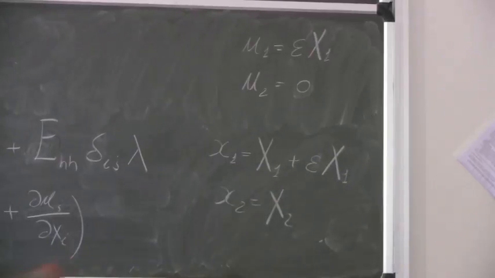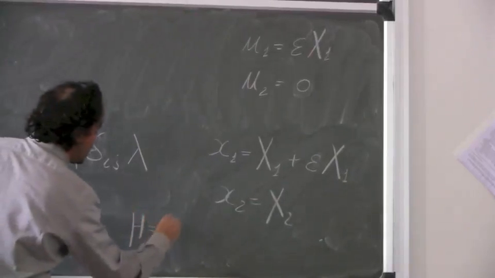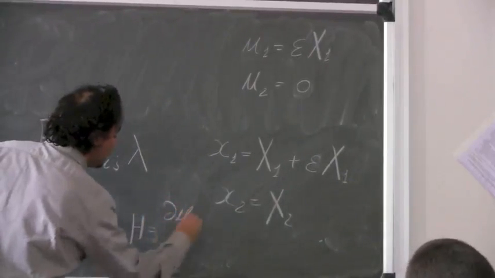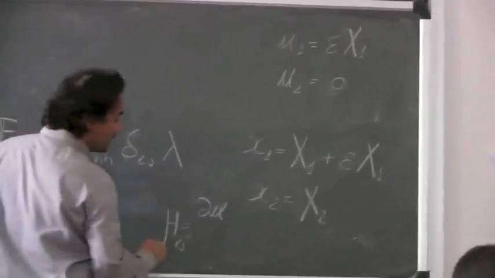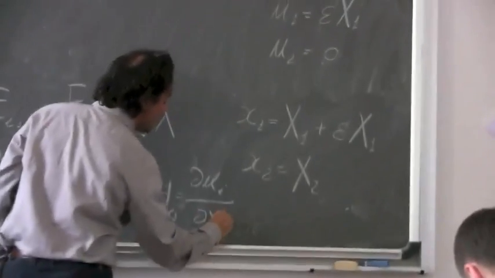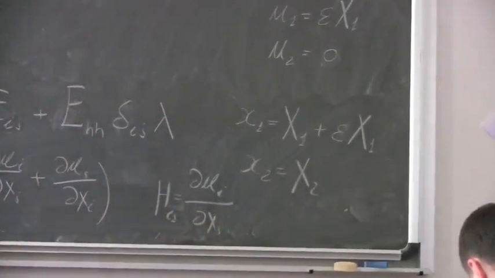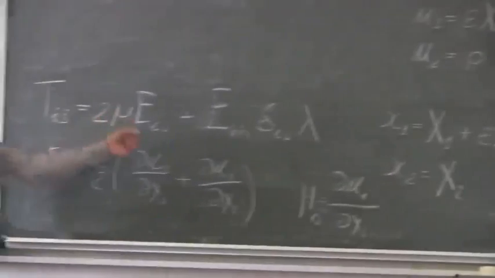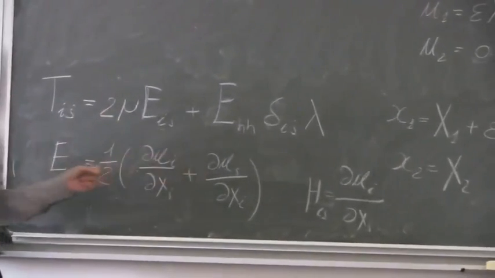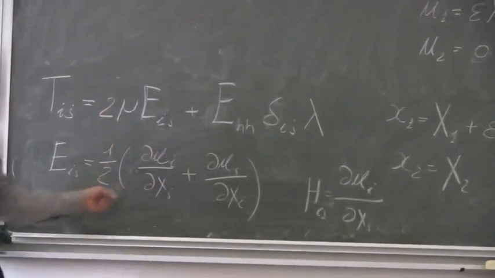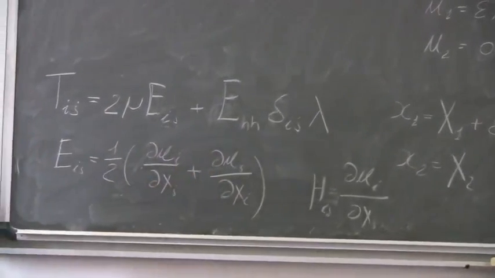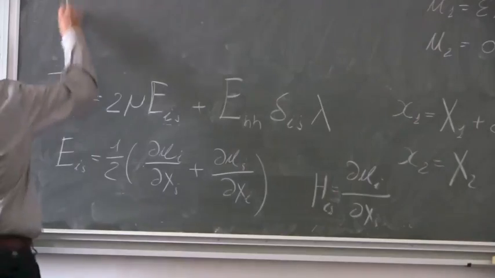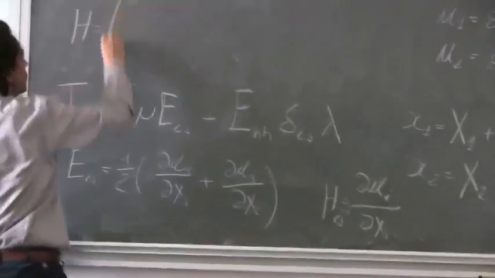If you define H, a matrix with components H_ij as the derivative of u_i with respect to x_j, you see that E is nothing else than the symmetric part of H, because E is equal to 1/2 (H plus H transpose). But here the matrix H, what is it?